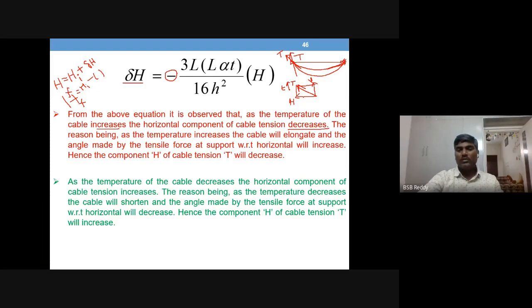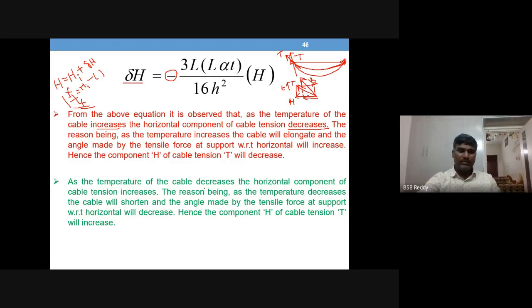If this rotates clockwise, what happens? H is reduced, right? V anyhow is increased. So H is reduced. H final is decreasing. The horizontal component of cable tension decreases. This is the reason.